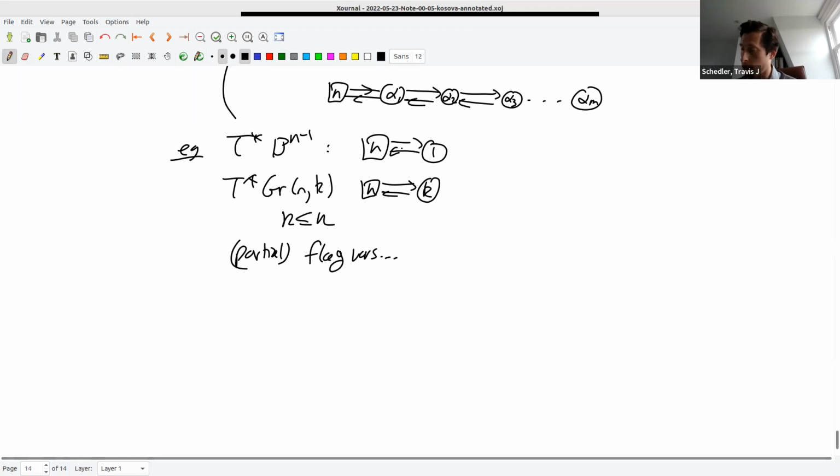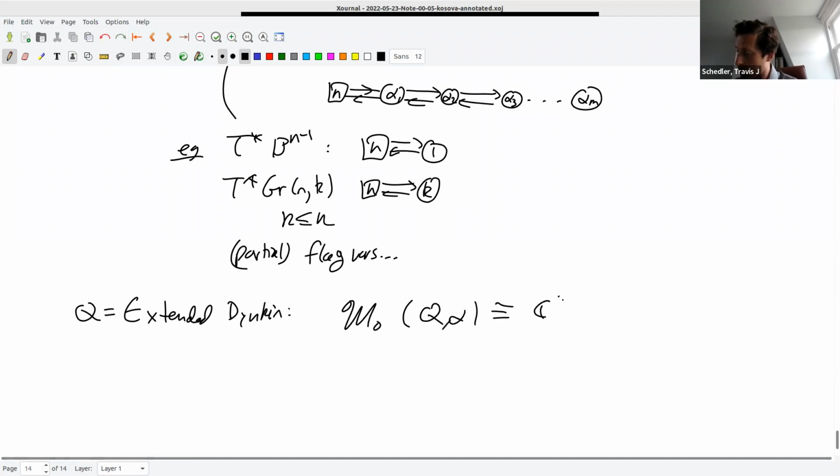So in particular, this will also give, for Q an extended Dynkin quiver, as I already said, we can get M_0(Q, alpha), which could be, if you pick things correctly, this C^2 mod H, and M_theta will be its minimal resolution of singularities.